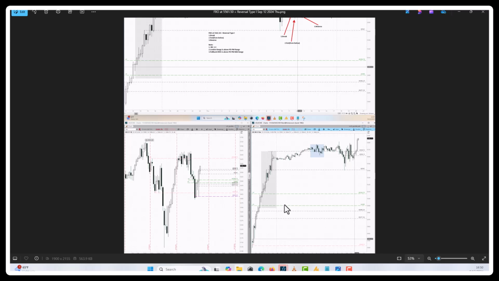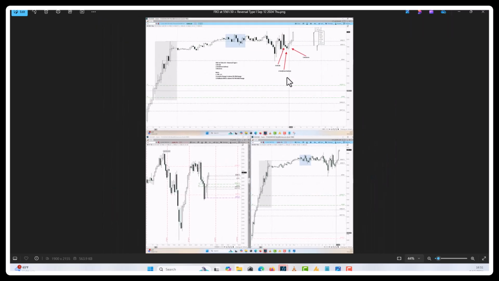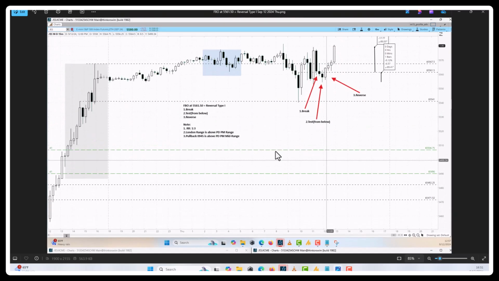The last couple of months we covered the first one, when we started out with the challenge. We passed the challenge with a simple approach, which is we wait for the setup, we go in and we let it run, 1 to 3 ratio, and we pass the challenge. But then we let the greed and emotion take over.